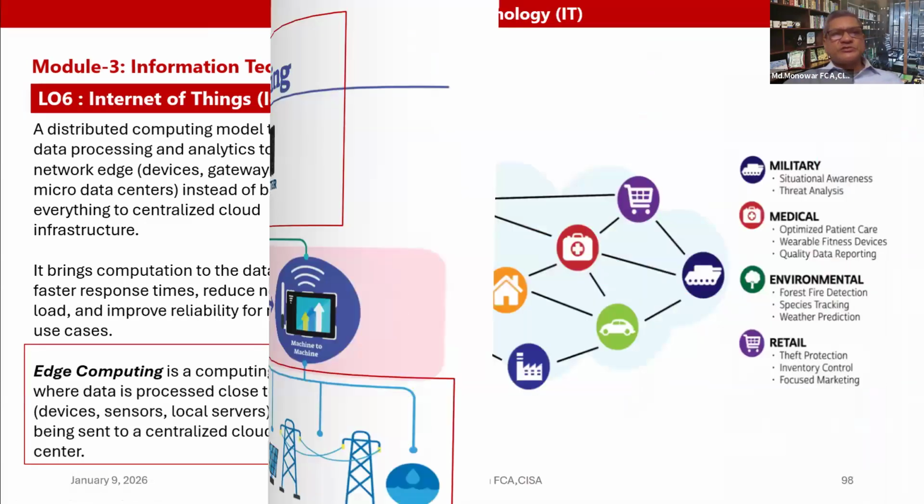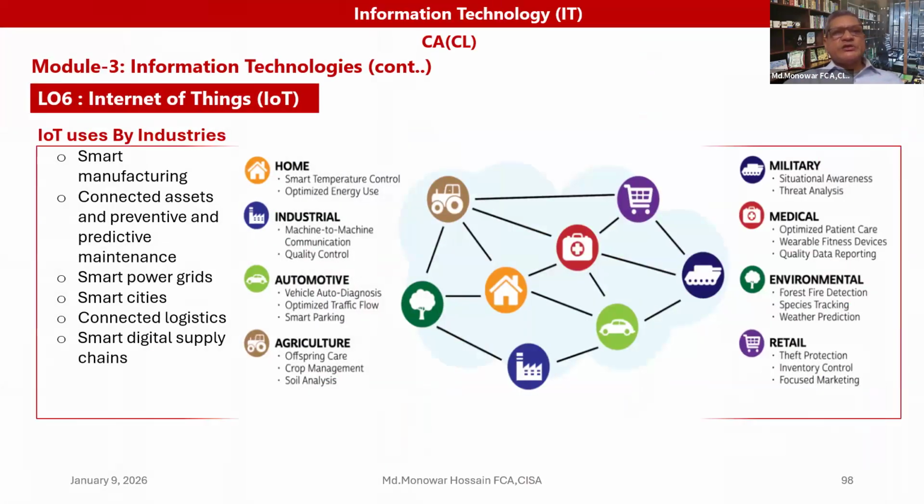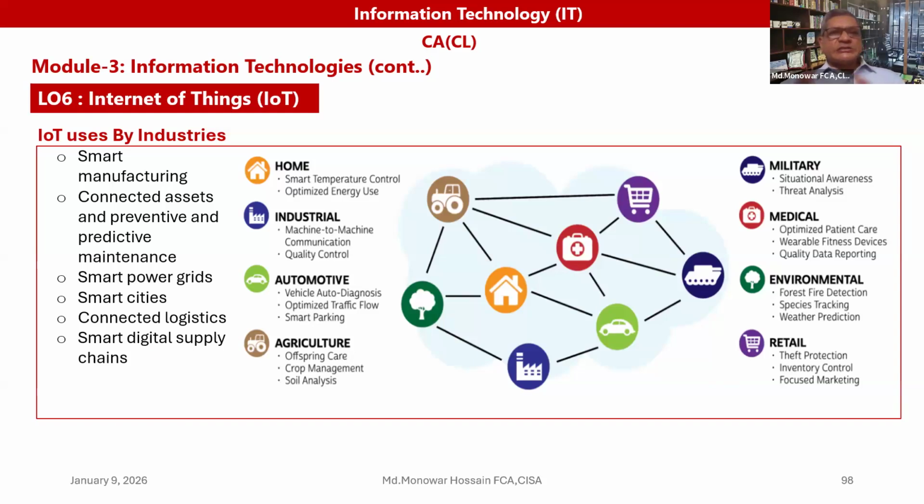If we see the use of IoT in industry, we see smart manufacturing that connects assets for predictive maintenance, a smart power grid, a smart city, connected logistics, a smart digital supply chain. All industries use it.